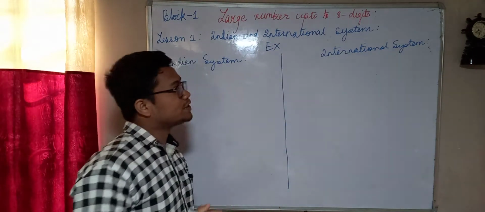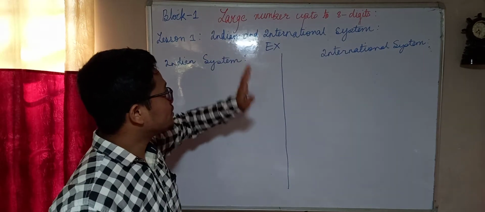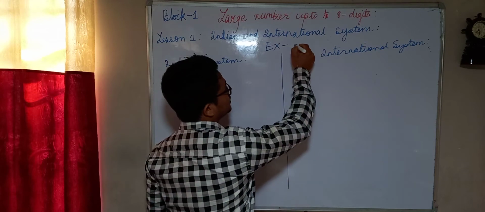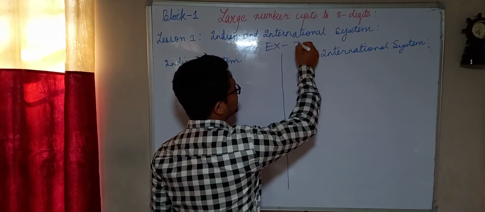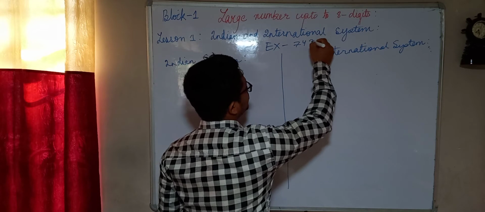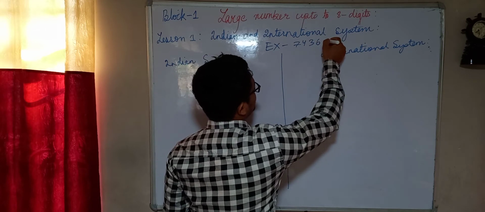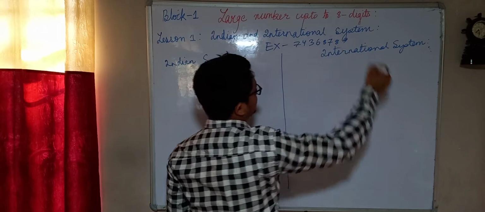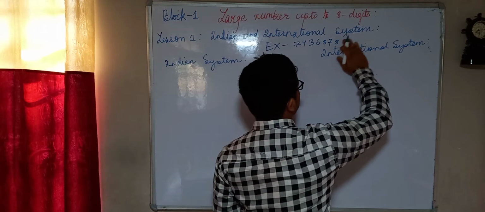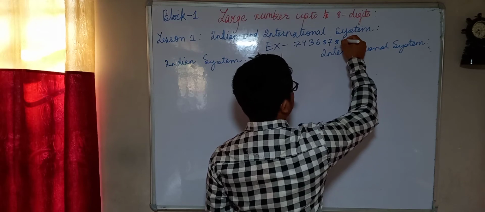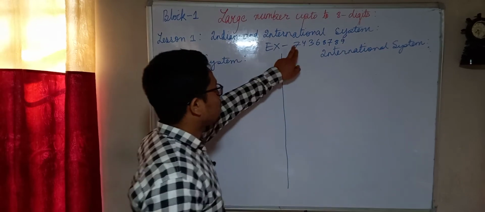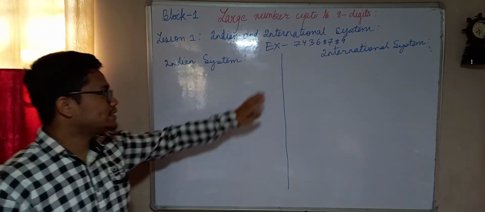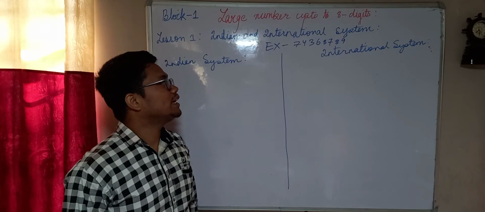Since we are discussing the number system up to 8 digits, let me write an 8 digit number: 74123456 78. So 1 2 3 4 5 6 7 8, this number is an 8 digit number.